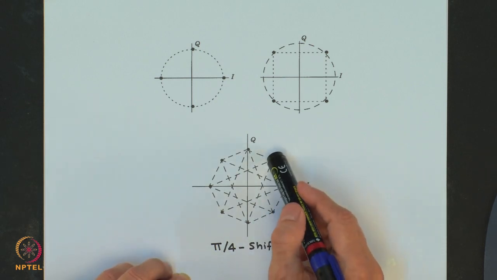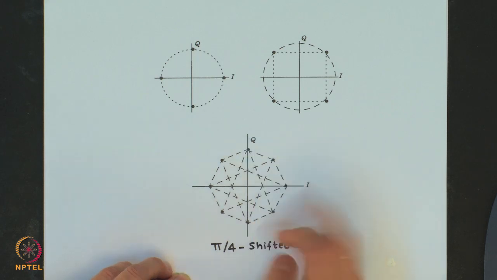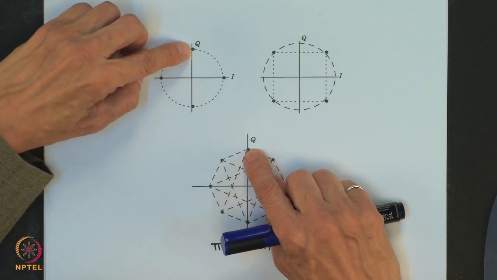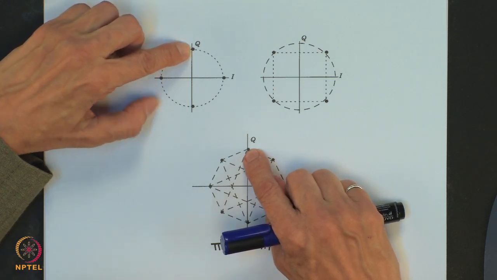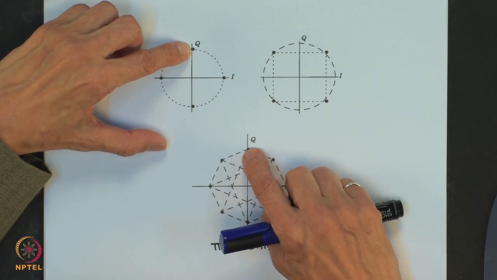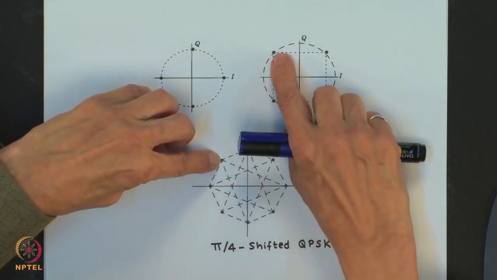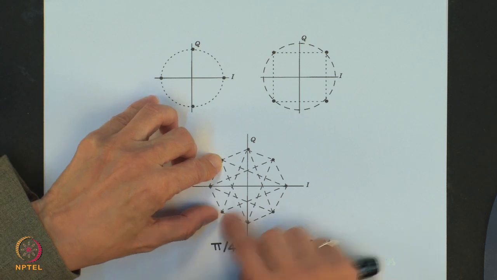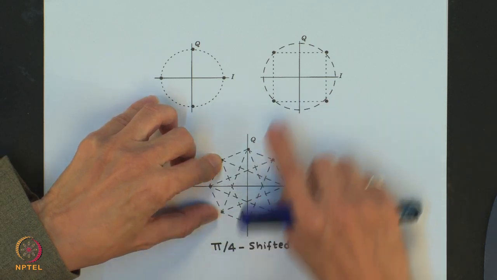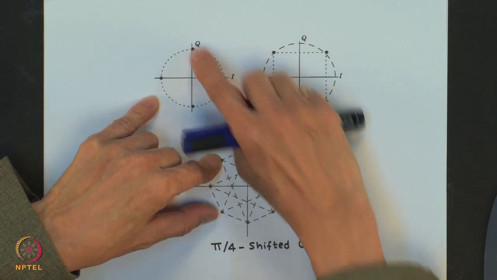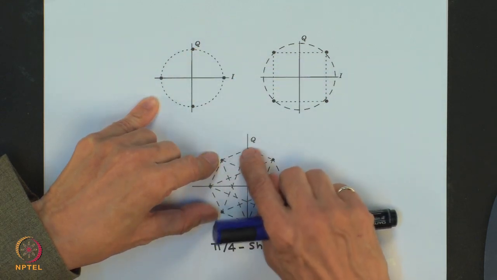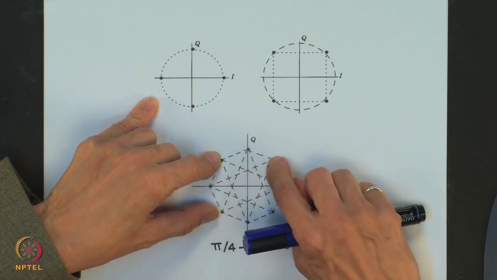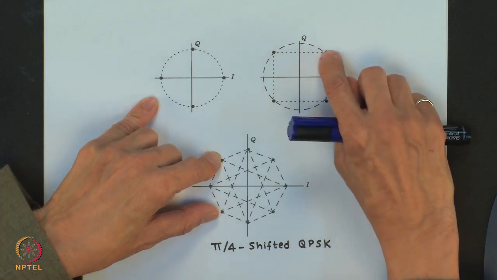It is important to know that if I am in this state, which corresponds to a state from this constellation, then next time I can move from here to either this state, which is in the other constellation, or to this state, or this one, or this one.